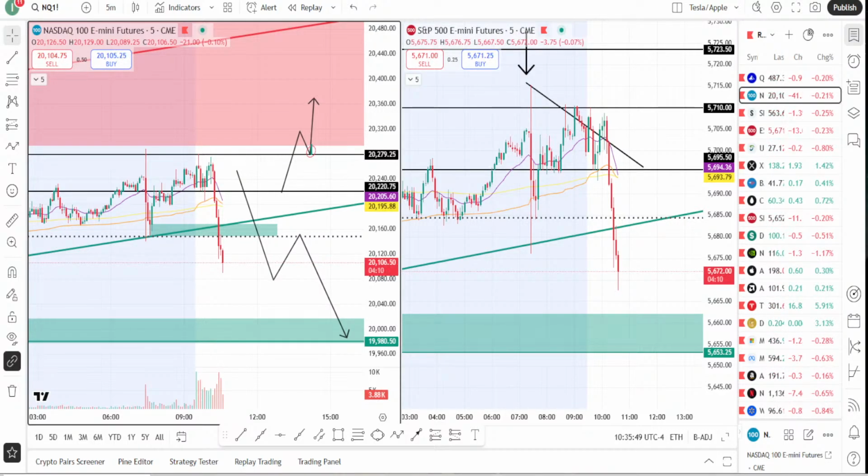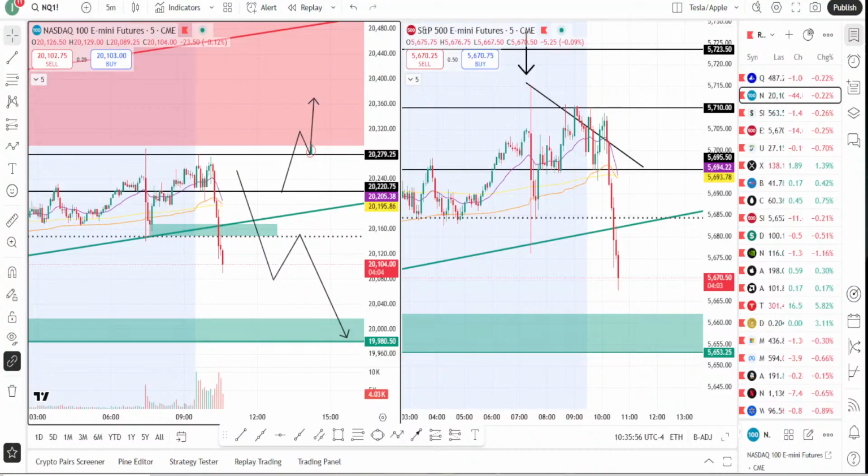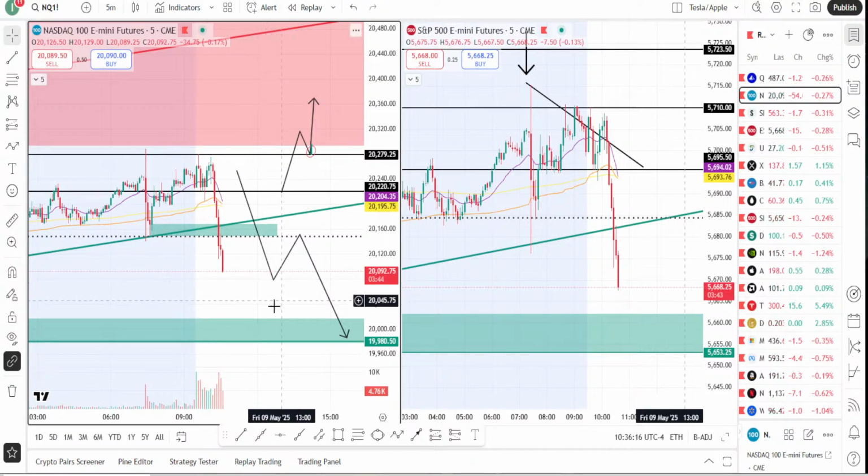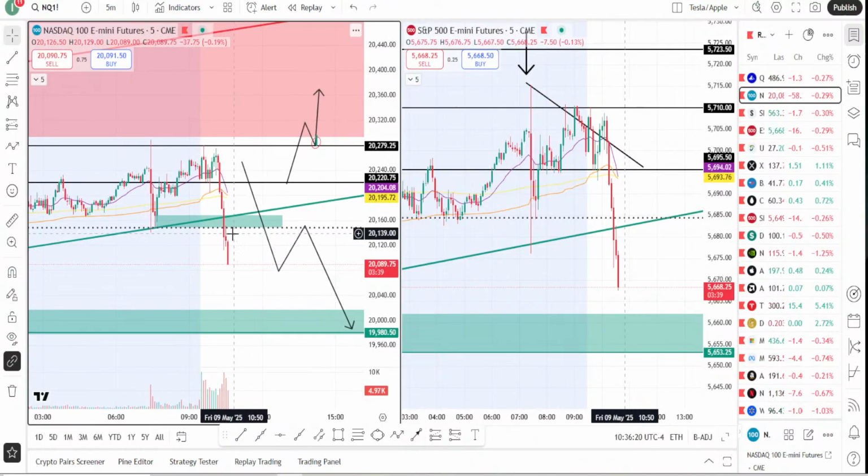All right, we're back. Market selling off. So yeah, I was just saying, we got a little pullback and retest here.